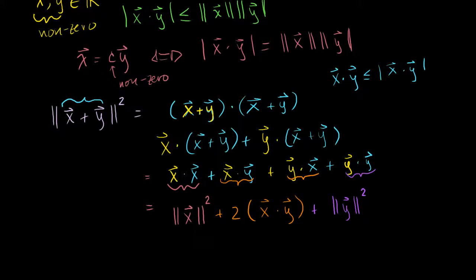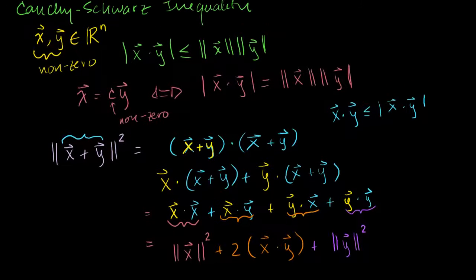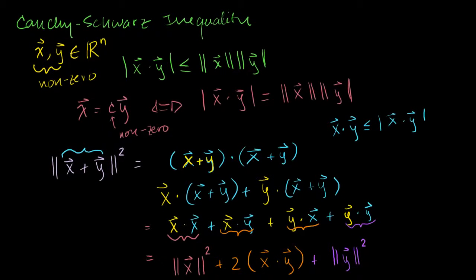So we can add to the Cauchy-Schwarz inequality, and this is a bit obvious. We could say x dot y is less than or equal to the absolute value of x dot y, which is less than or equal to the length of x times the length of y. So the dot product of x with y is definitely less than its absolute value, which is definitely less than the lengths of those two multiplied.